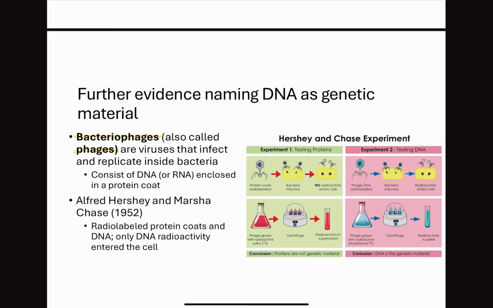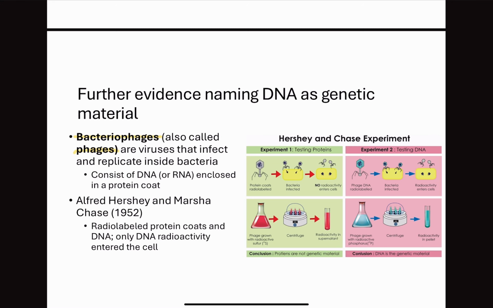Sometimes viruses consist of RNA, but in order to replicate, a virus has to infect a host cell and take over that cell's metabolic machinery. In 1952, Alfred Hershey and Martha Chase showed that DNA was the genetic material of the phage T2.